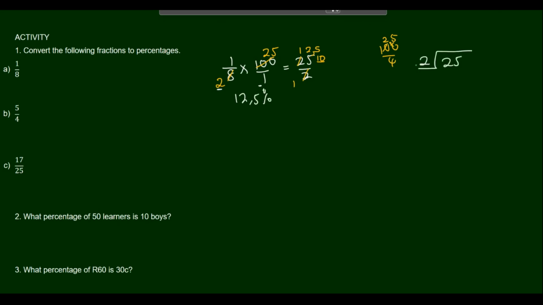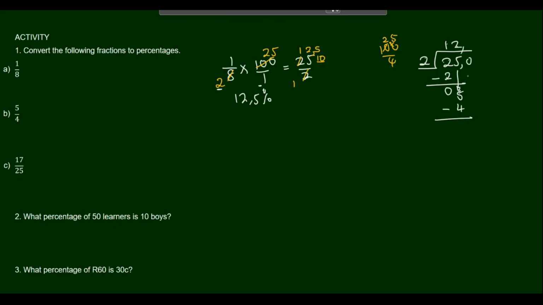Right? So if you want to use long division, you can say 25 divided by 2. Say 2 into 2 is 1. 1 times 2 is 2. And then we subtract, 2 minus 2 is 0, and then we drop 5. And then say 2 into 5 is 2. And then 2 times 2 is 4. Then we subtract again. But now we don't have any number to drop, so we introduce the comma there.